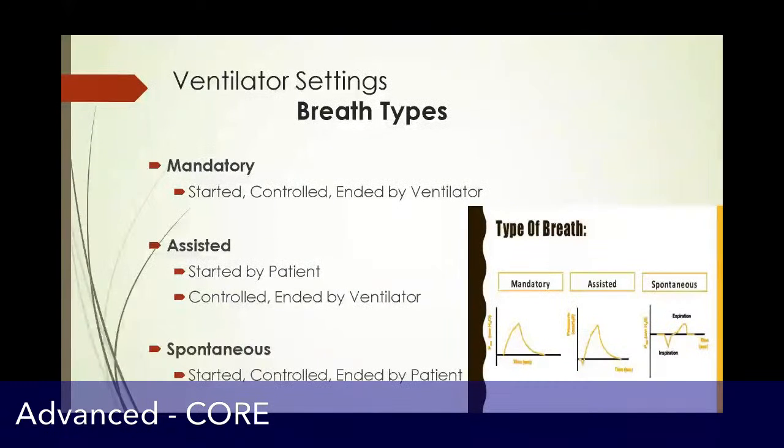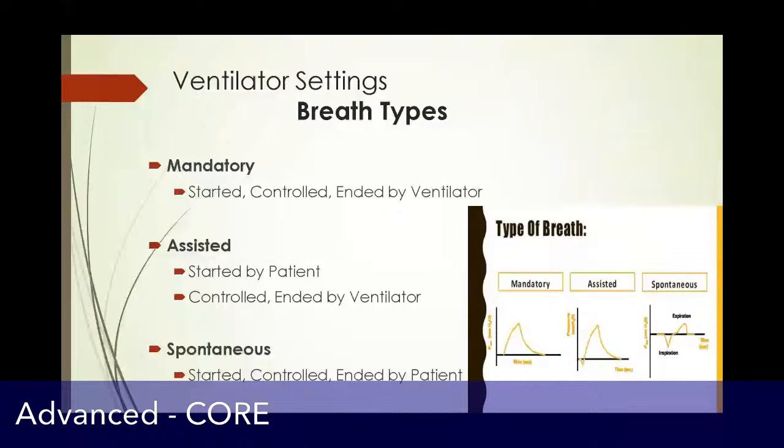First, a ventilator setting is the breath type. There are 3 types. There's the mandatory breath, which is completely controlled by the ventilator. The ventilator triggers the breath, delivers the breath, stops the breath, and allows for expiration.